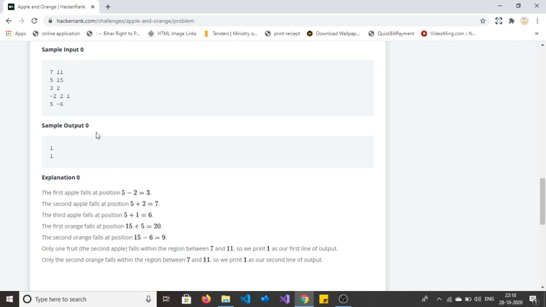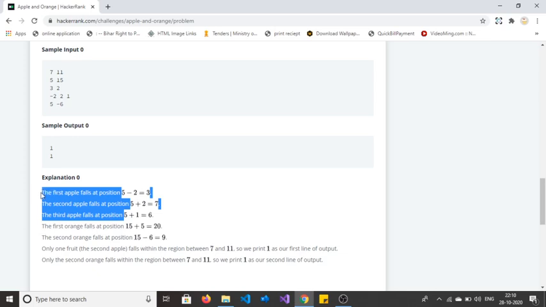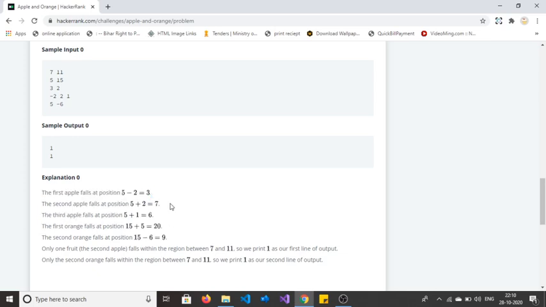As you may see here, the apple tree position is 5, so 5 plus 2 is equal to 7, 5 plus 1 is equal to 6, and the range is 7 to 11. So for the first 3 lines of the apple calculation, only one apple falls on the house.